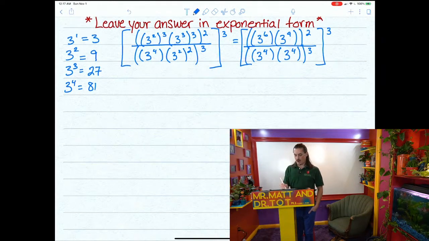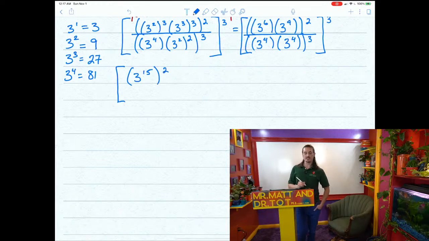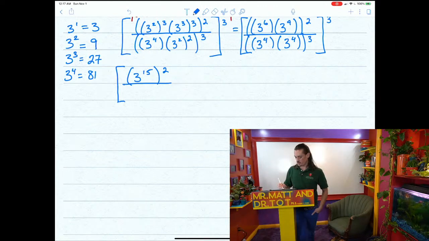Now again, we have a power of a power. So this is going to turn into 3 to the 15 times 2 power, or in other words, 3 to the 30th power, divided by 3 to the 8 times 3 power, which is 3 to the 24th power. Still, we have these brackets with the quantity cubed outside.